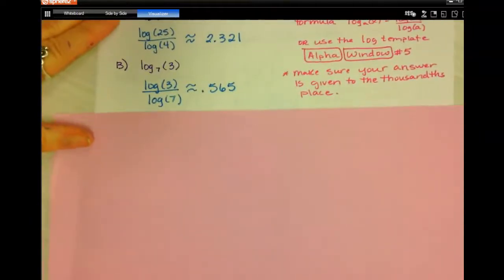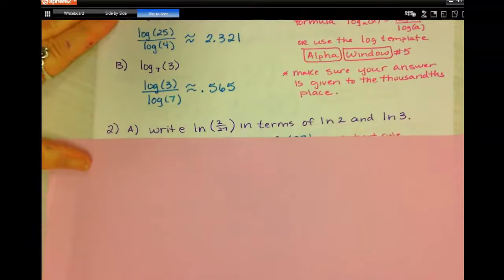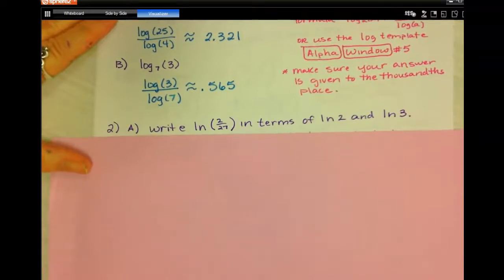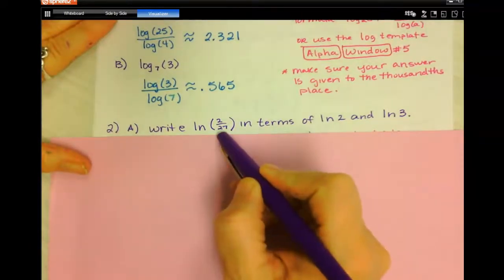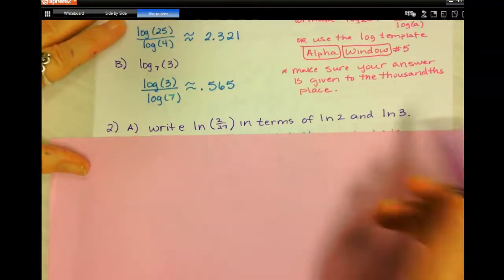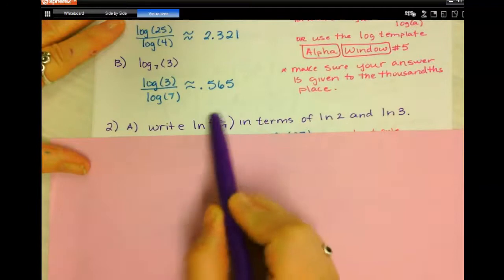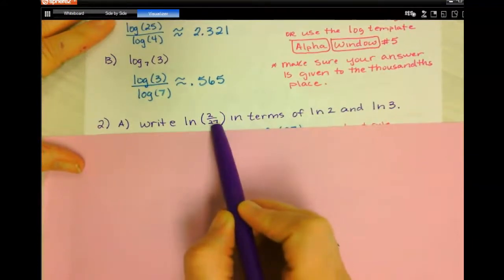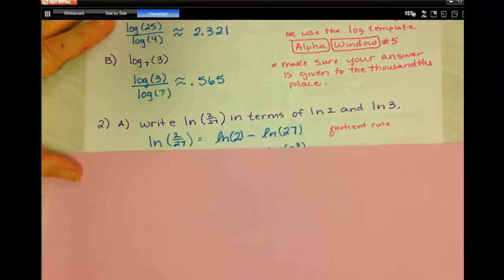So the next part we're going to look at in this problem is we're going to take this natural log statement and we are going to rewrite it in terms of natural log 2 and natural log 3. And so the first thing I would notice is it's got a quotient in the argument, so I want to expand it with subtraction, and then I want to look at each term.